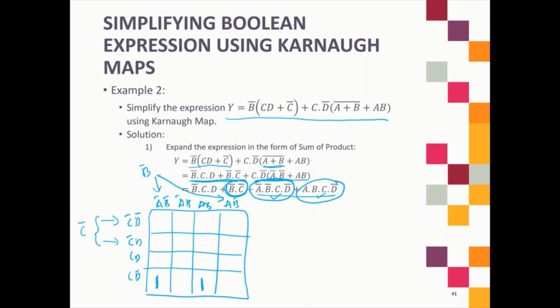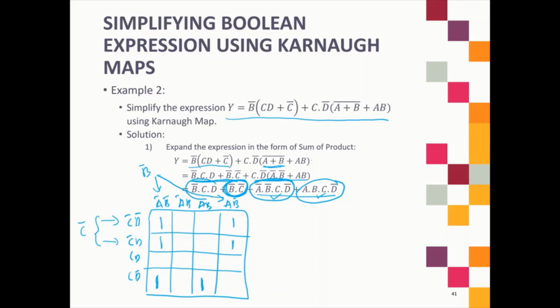So there are 4 cells that have B bar and C bar. This cell has B bar and C bar, this cell also, this cell also, and this cell also. So to map B bar and C bar, you need to map into 4 cells.